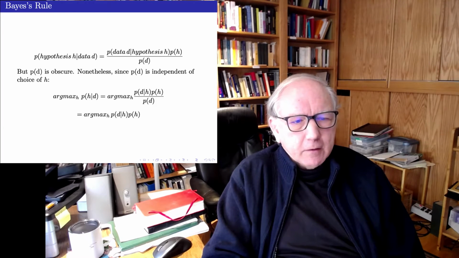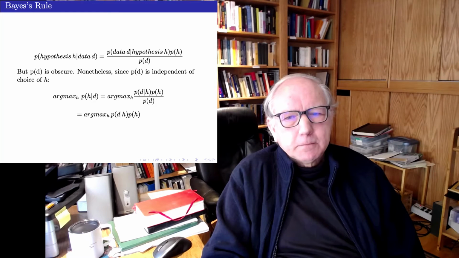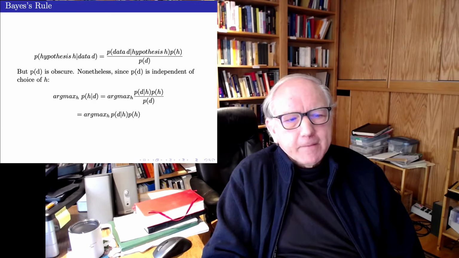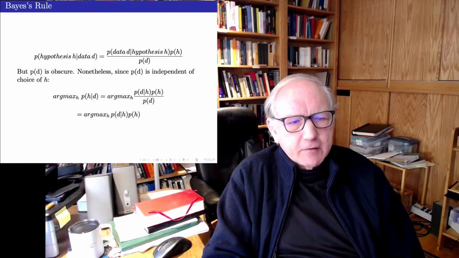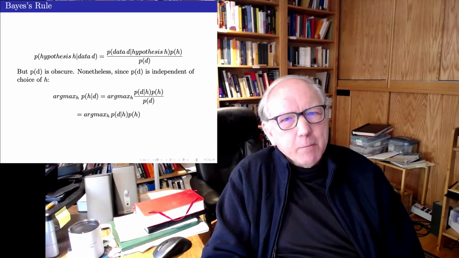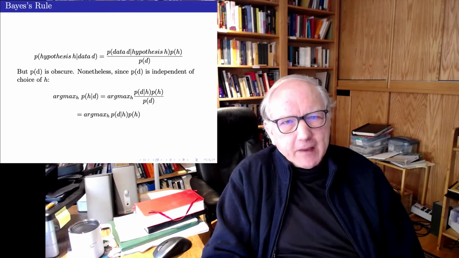What we're going to do is this. We're going to modify the expression that we care about. And instead of calculating the probability as such, we're going to say, what I care most about is the hypothesis that has the highest probability given the data.